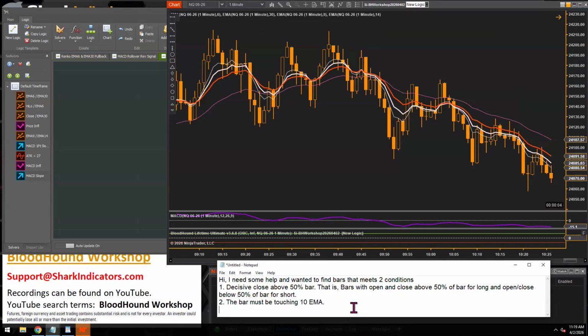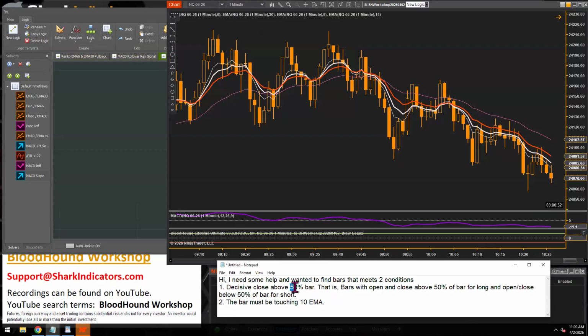All right, so here's the question. Looking for a close above the halfway point of the bar, and the bar needs to be touching the EMA. Okay.